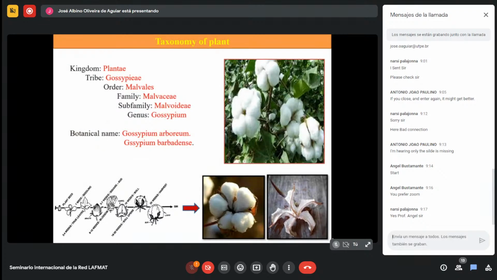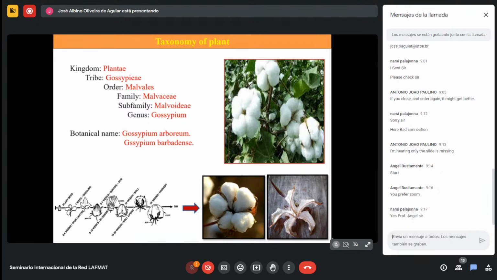This is the taxonomy. Kingdom is Plantae, under it Malvaceae, and the botanical name is Gossypium barbadense. Once the plant is seeded, it takes 5 to 6 months, and then the cotton is harvested. Then the plant material is waste material.